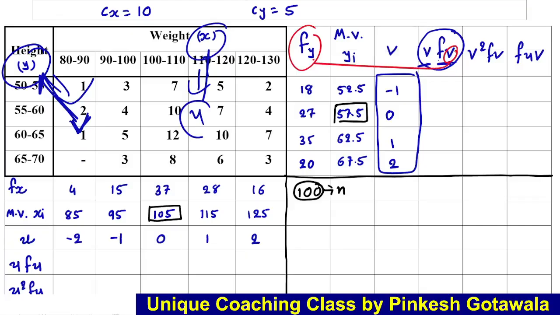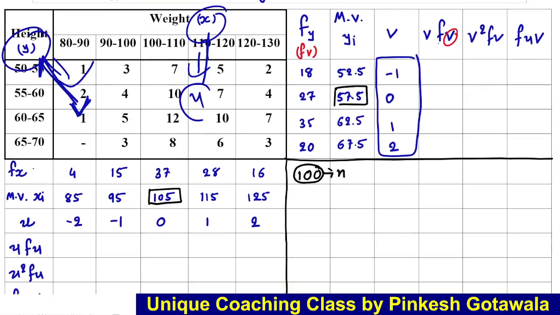What does v represent? It represents y. So indirectly this fy is our frequency of v. And this fx becomes the frequency of u, because u represents x and v represents y.